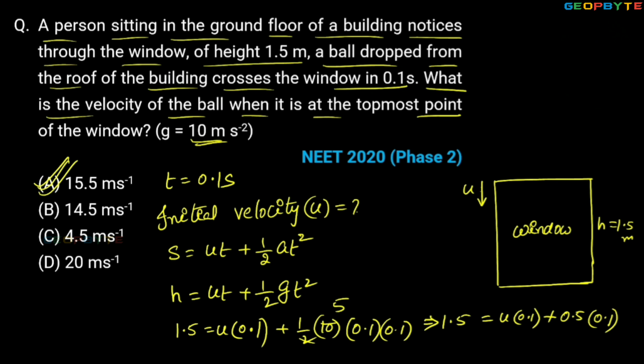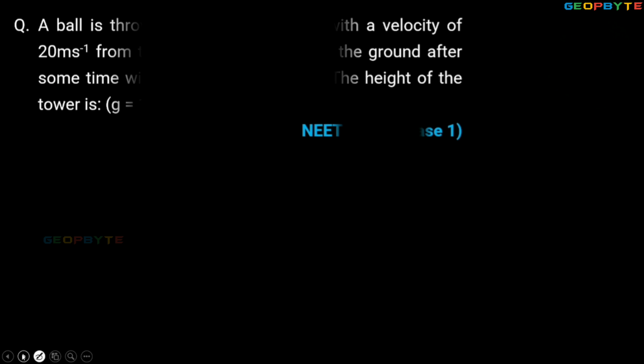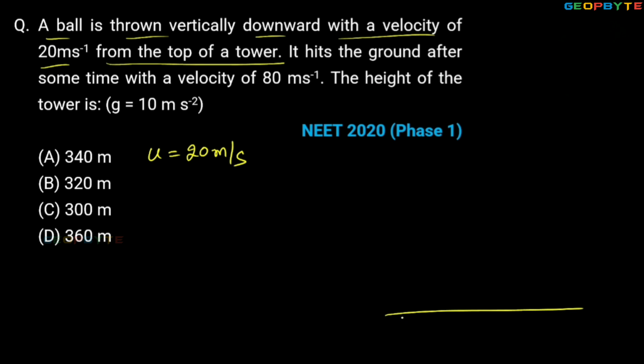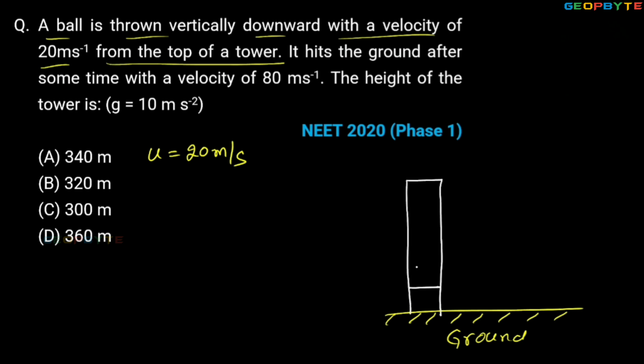Understood clearly? Yes. Similarly, look at another important problem. It is asking like this: a ball is thrown vertically downwards with a velocity of 20 meter per second from the top of the tower. Initial velocity u equals 20 meter per second. This is the ground, and this is the tower.